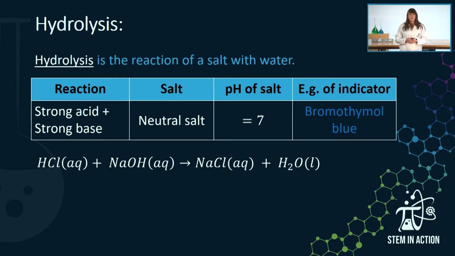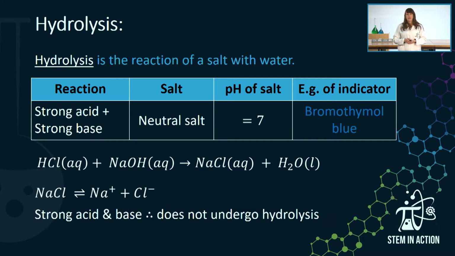So we will have something like hydrochloric acid reacting with sodium hydroxide, and we get a salt of sodium chloride. That salt of sodium chloride, if it had to ionize, would have a sodium ion and a chloride ion. Those both come from a strong acid and a strong base.